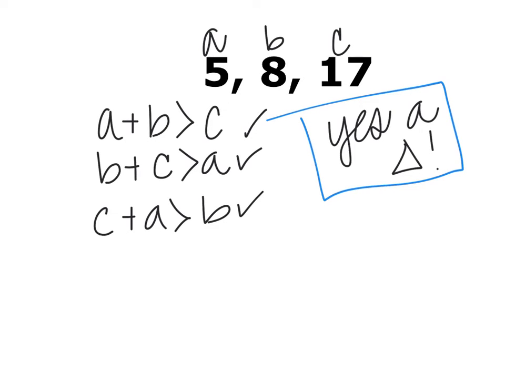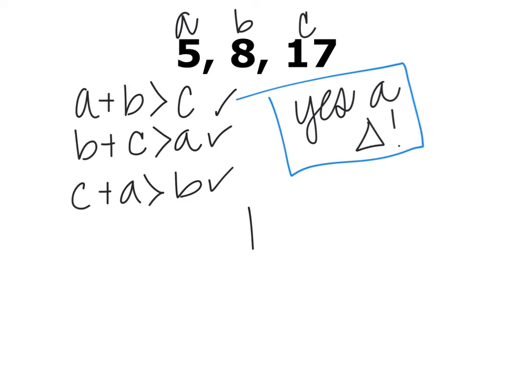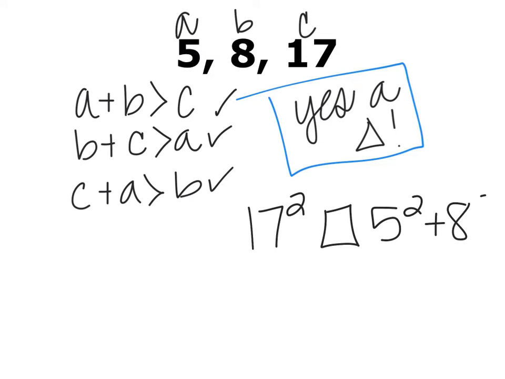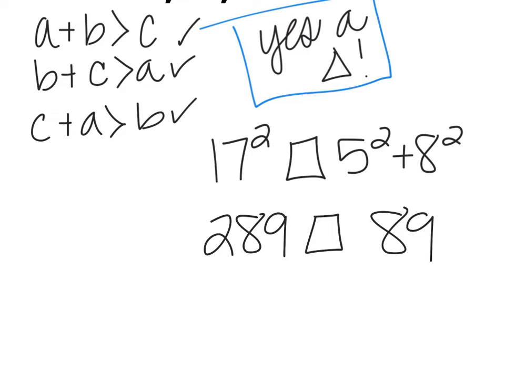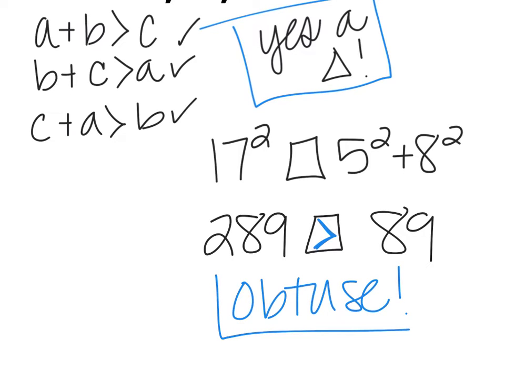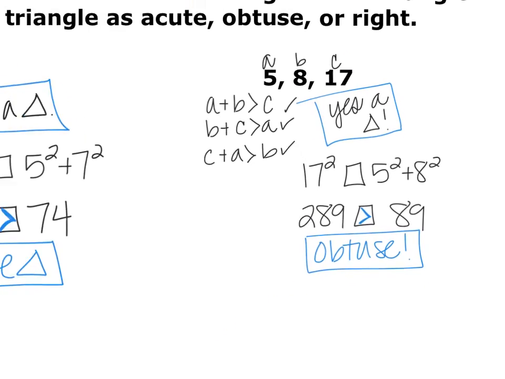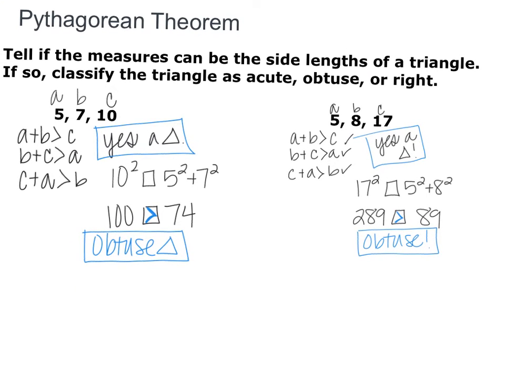But now we need to figure out what type of triangle. 17 squared versus 5 squared plus 8 squared. 17 squared is 289. 5 squared plus 8 squared is 89. So greater than means obtuse.